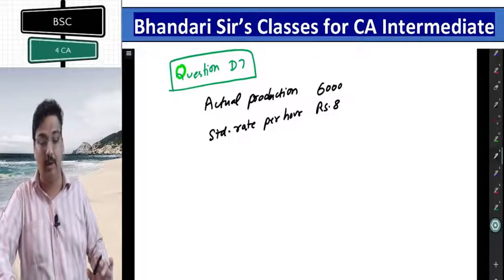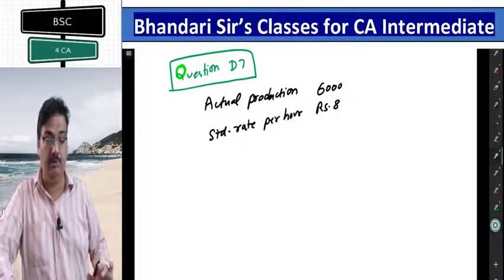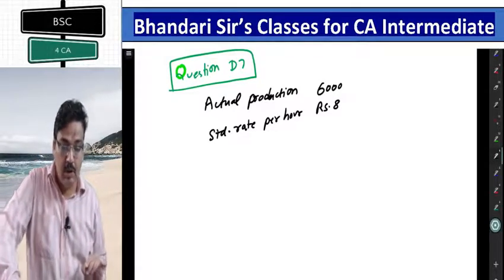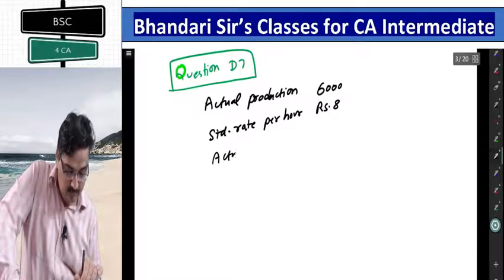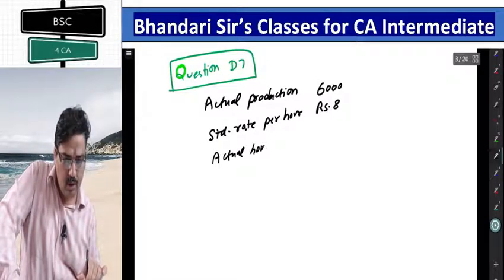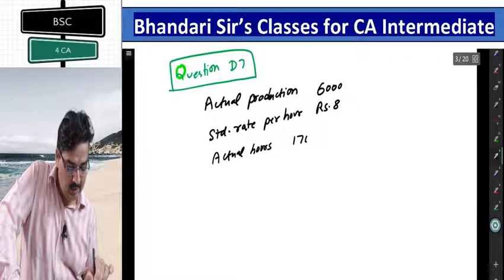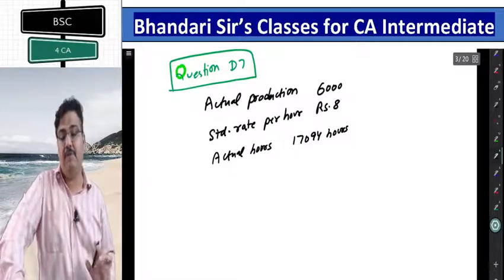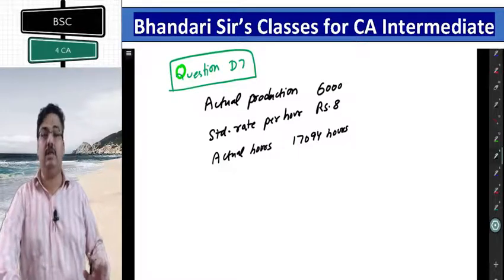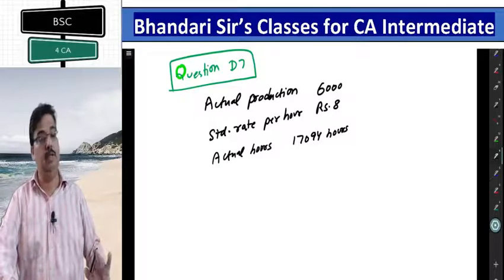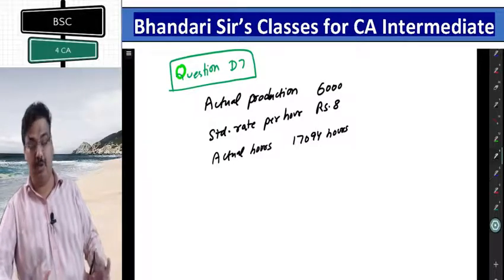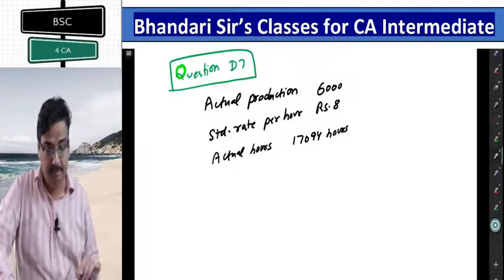You need to calculate that in the second part of the question. We'll do it later on. You are given actual hours, 17094 hours. In absence of information for idle time, this is hours paid for also, and hours worked also. Basically it is worked, but it is paid for also in absence of any information.